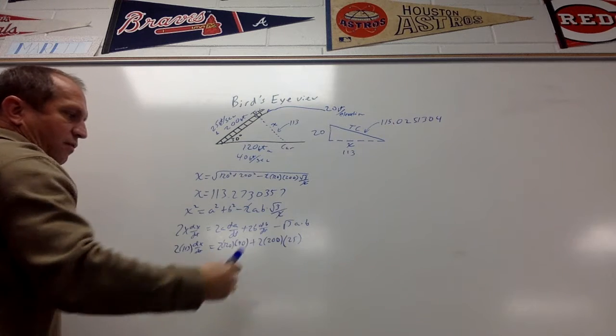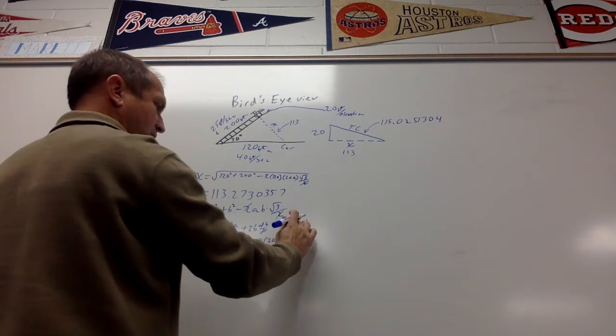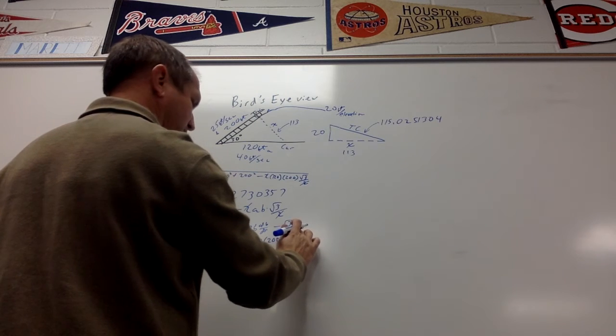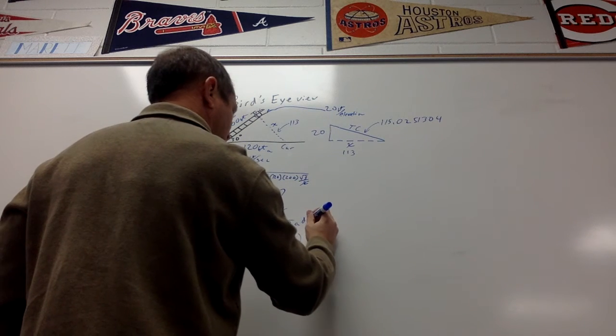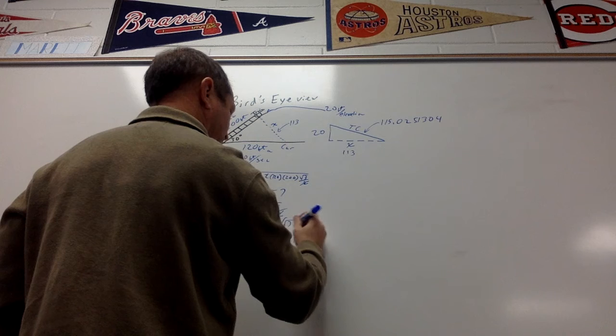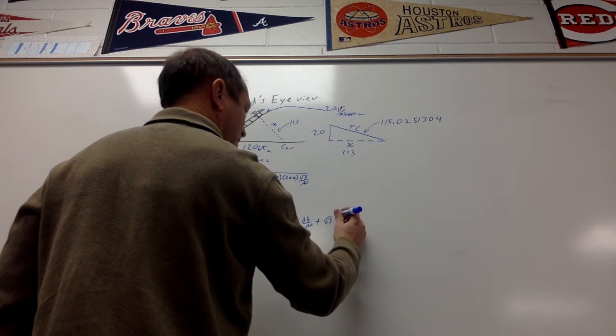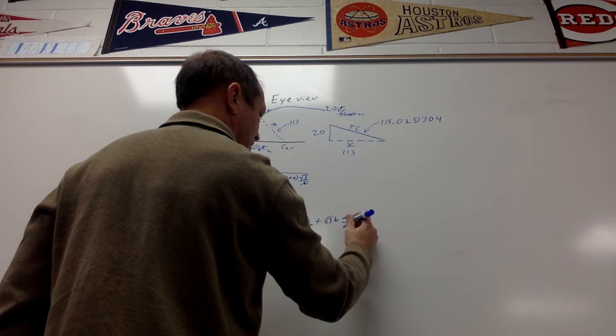Now, the derivative of this, I did this wrong. This should have been the square root of 3 times a dB/dt plus the square root of 3 b dA/dt.